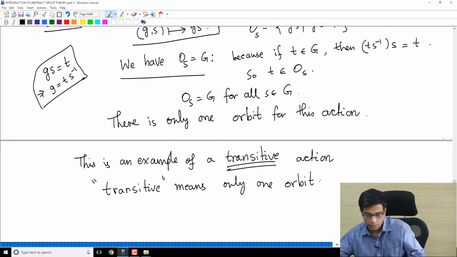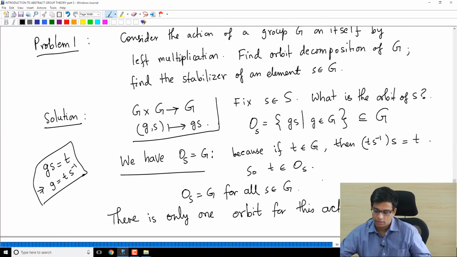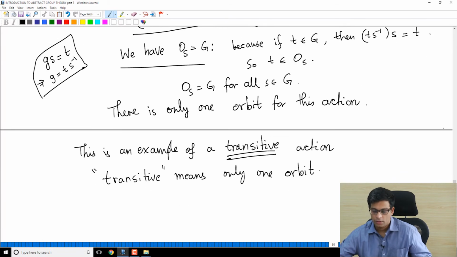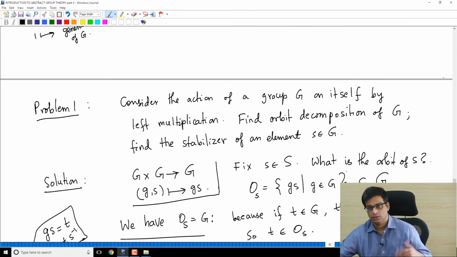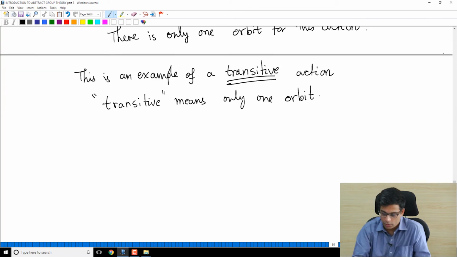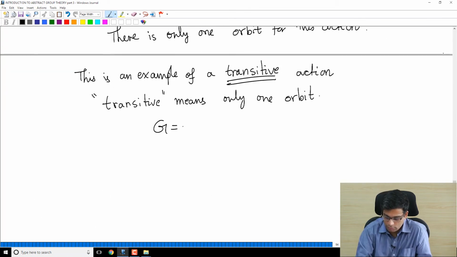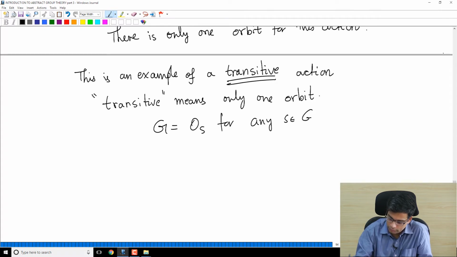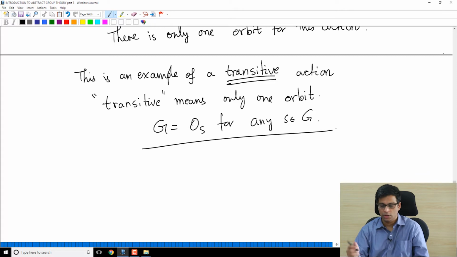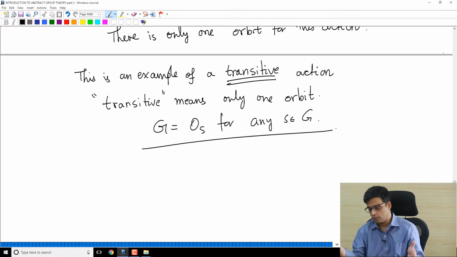Okay, so this is the orbit decomposition. We have done the first part of the problem, right? G is equal to OS for any S, that is the orbit decomposition. It is in general a disjoint union of orbits, but there is only one orbit here.